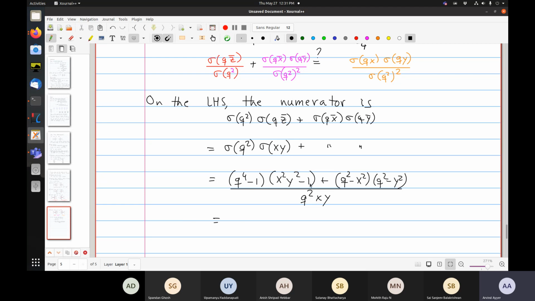Now you simplify and you will get, you see the q to the 4 term comes with a minus sign over here and a plus sign over here, so it will go away. And there is an x squared y squared term that will come with a minus sign here and a plus sign here, so that will also go away.